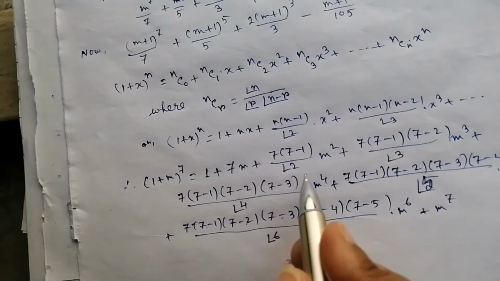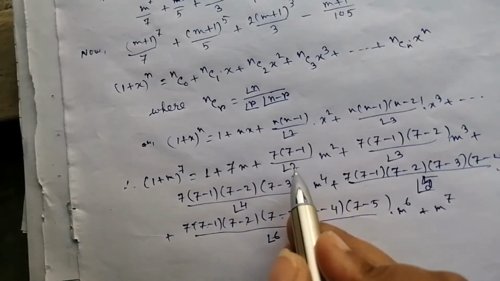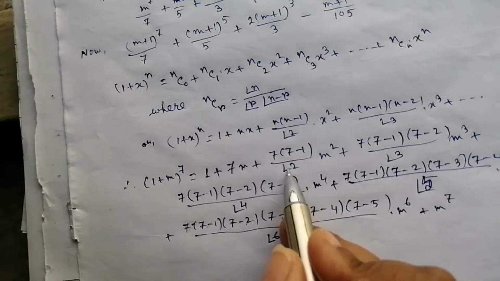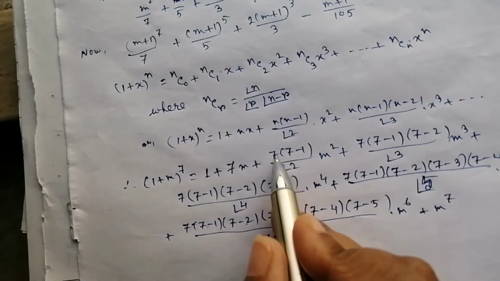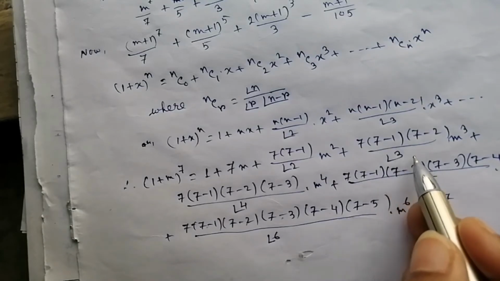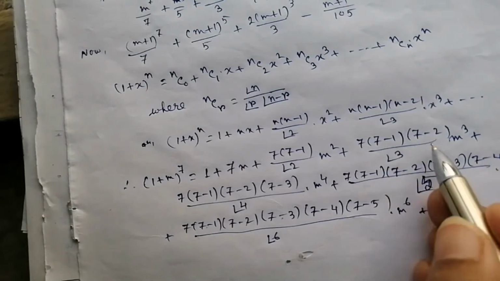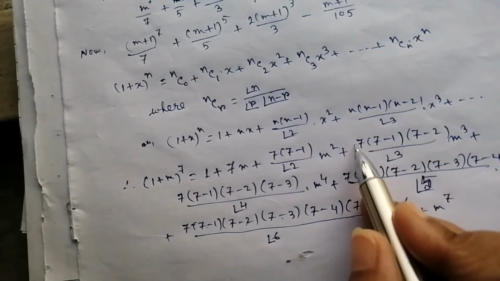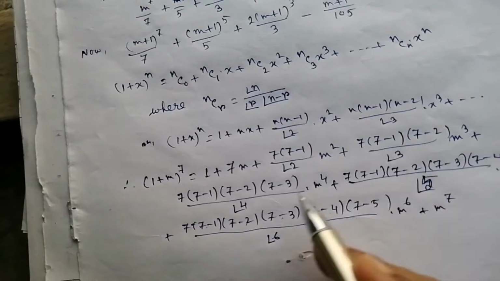Simplifying the first part, 6 divided by factorial 2 gives 21 m square, 6 divided by factorial 3 gives 35 m cube, and so on.